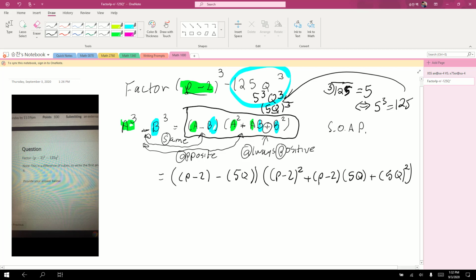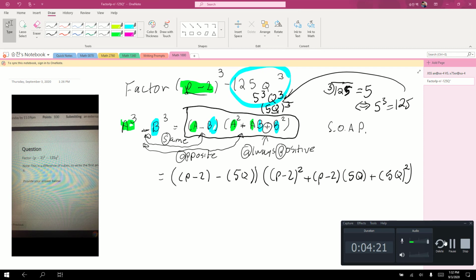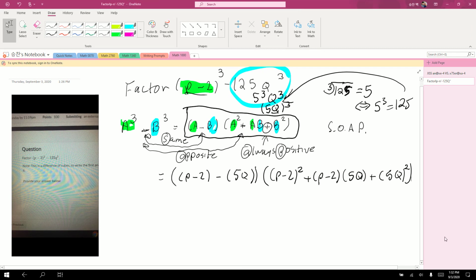And now I can go ahead and just simplify this right here. So let's see what I get here. We see that this part right here, there's just one term, so 5q. So this can just be written, if I go in alphabetical order, as p minus 5q minus 2.